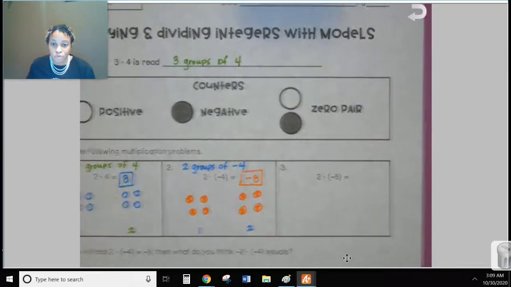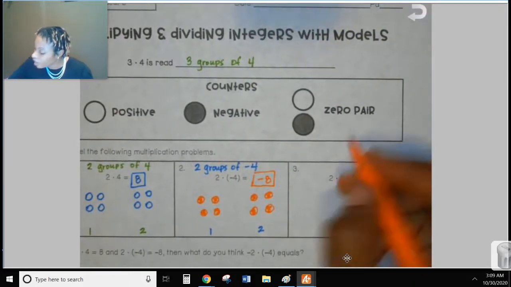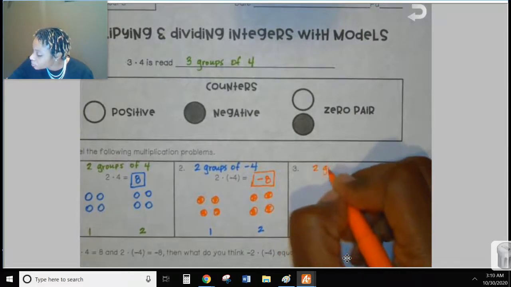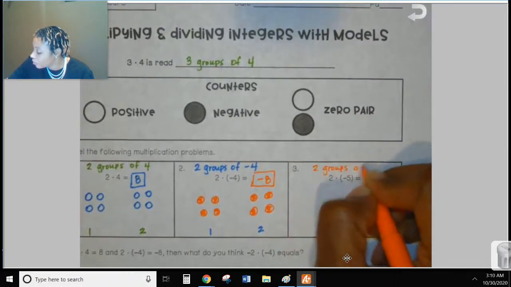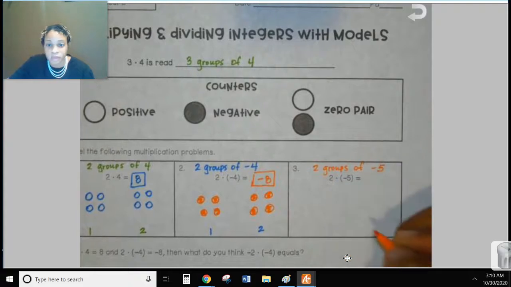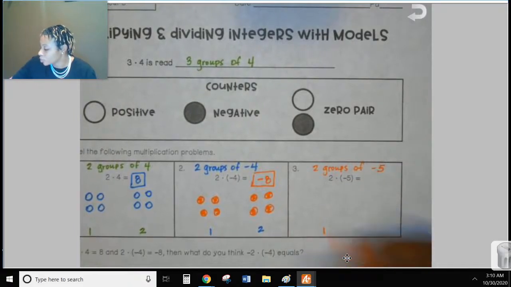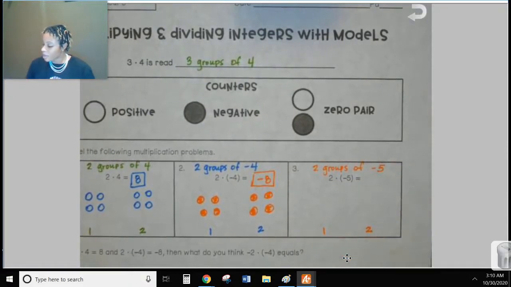So our next problem says 2 groups of negative 5. So again, 2 groups, group 1, group 2. This time in my groups, I'm going to have 5 counters.